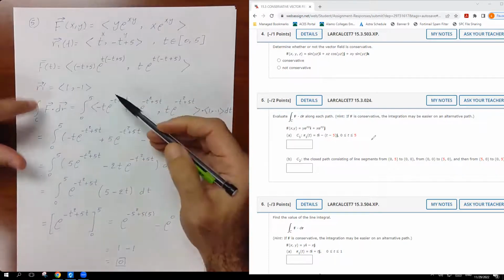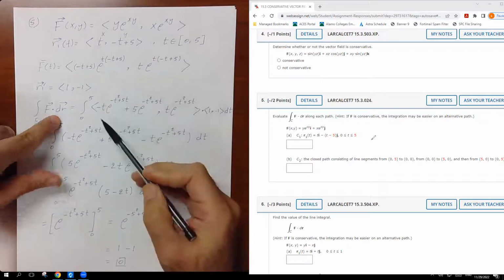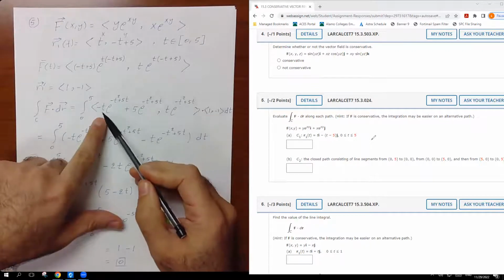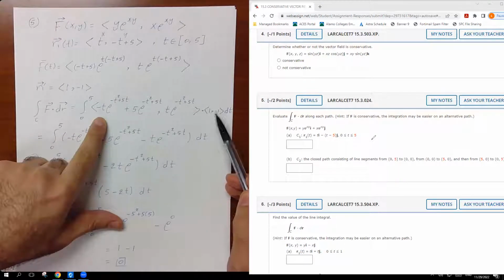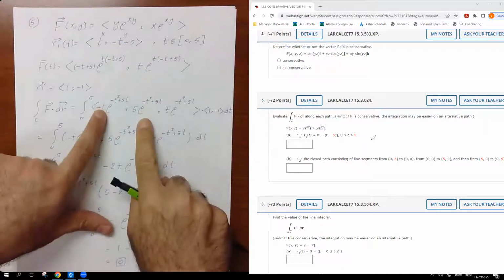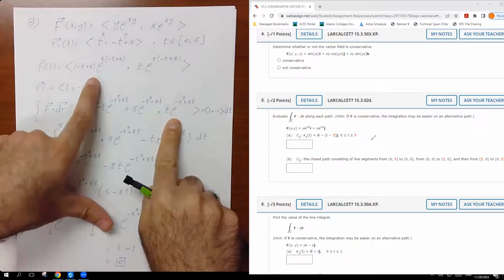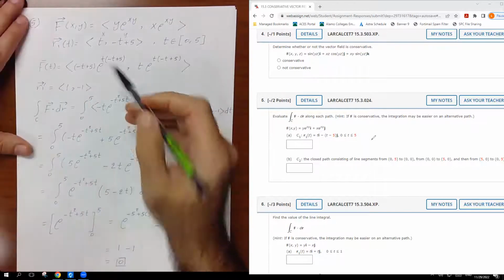So now the integral of f dot dr is going to be the function f times dr, which is 1, negative 1 dt. So be careful here because you have two parts with the f. What I did here, I distribute. Check this part.